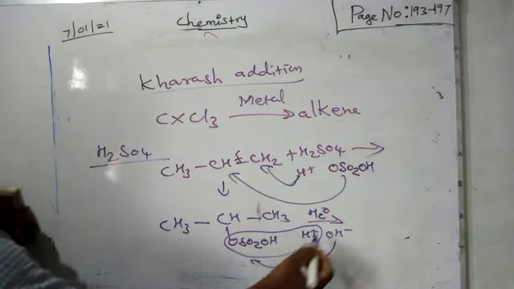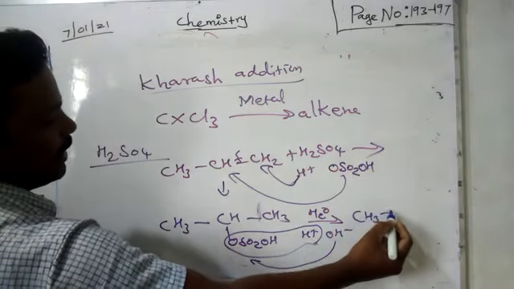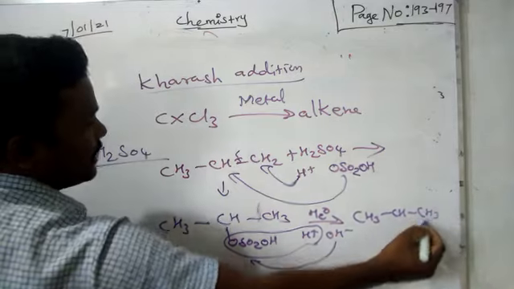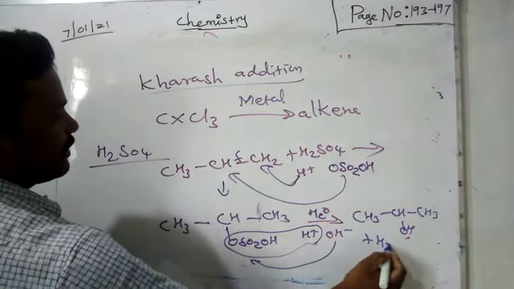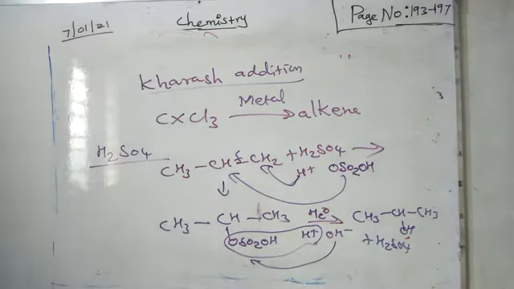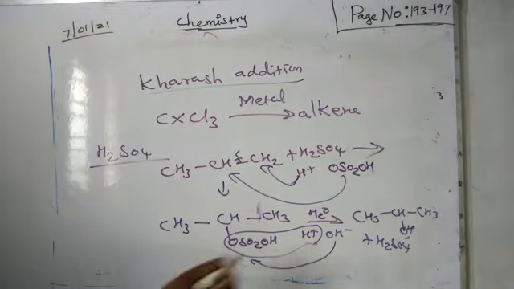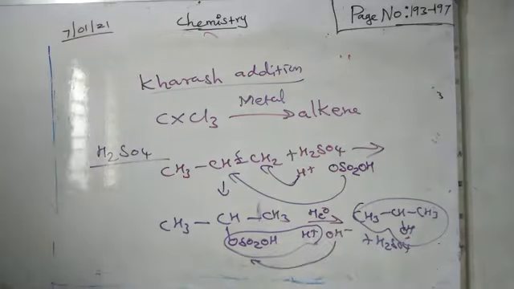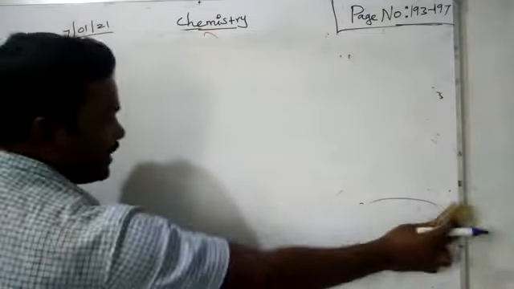So OH will be added. So we can prepare alcohol. What happened now? If you add sulfuric acid with alkenes, it produces alcohol. Listen, 2-propanol is formed. Next reaction, oxidation reaction with Baeyer's reagent. What is Baeyer's reagent?